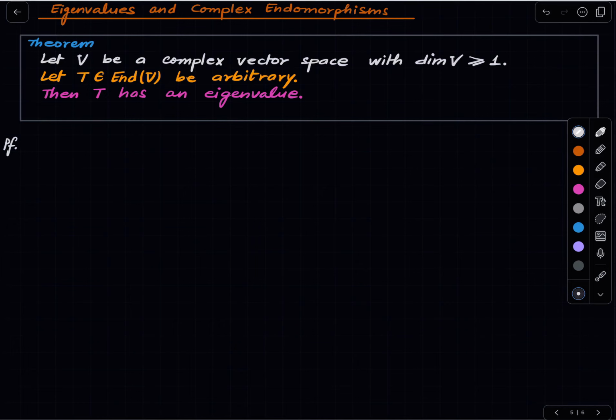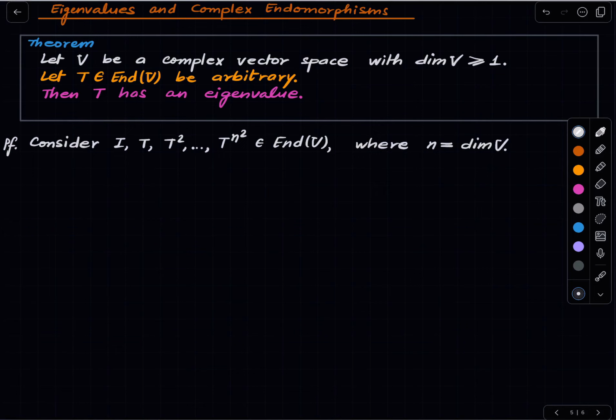So consider the endomorphisms identity, T, T squared, up to T to the power n squared, where n is the dimension of V. So these are n squared plus 1 endomorphisms.